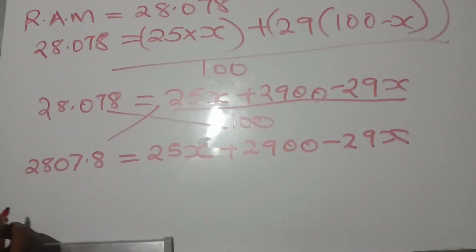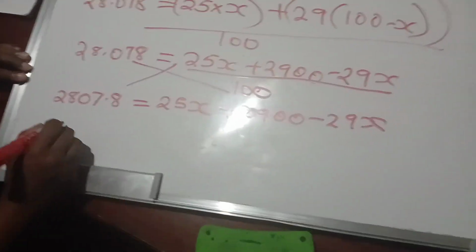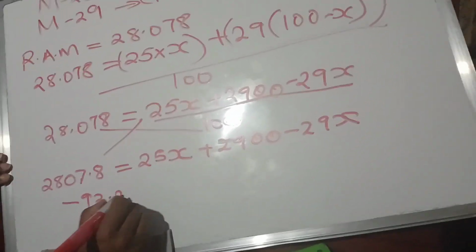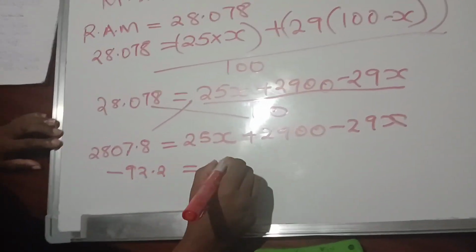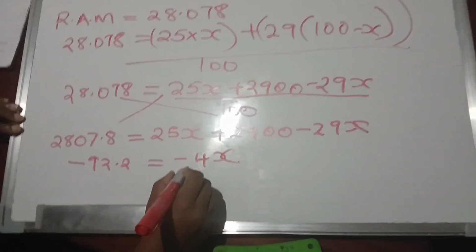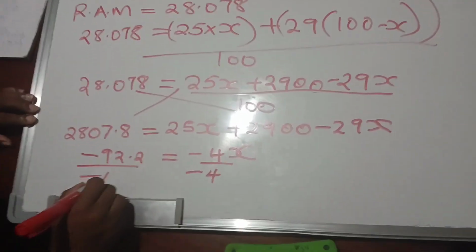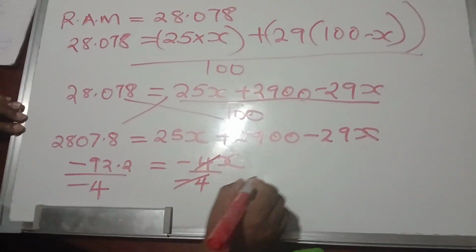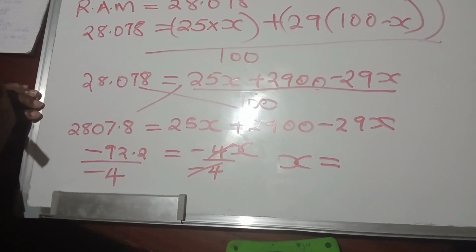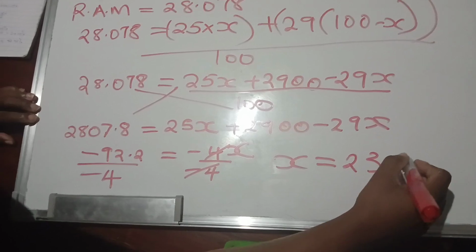So if you put like terms together, you are going to have minus 92.2 is equal to minus 4x. You can confirm that using your calculator. Divide by minus 4, divide by minus 4. So our x will be equal to about 23.05%.